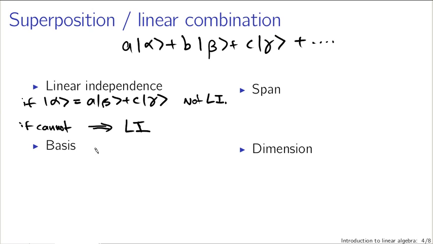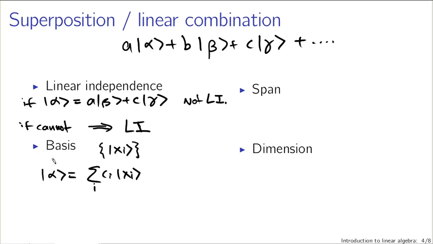For instance, suppose I have some set of vectors xi. If I can write, let's say, my vector alpha as a sum of ci xi, where i goes over the range of all of my vectors in this set, I've expressed alpha in terms of xi.